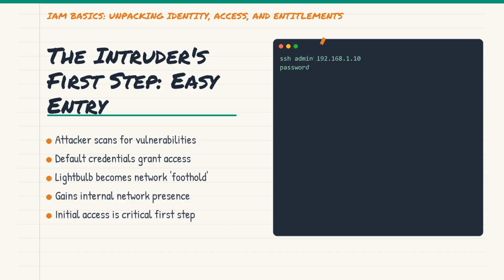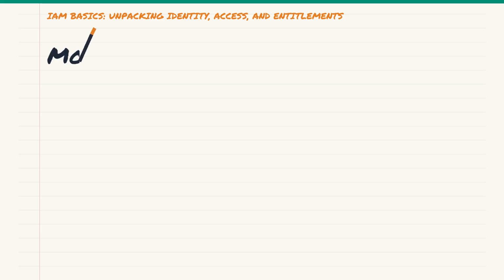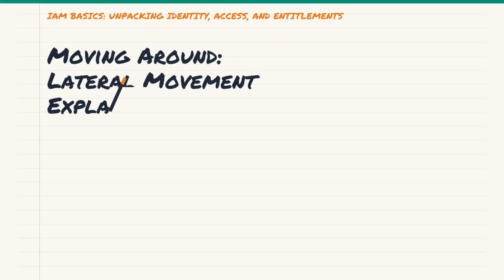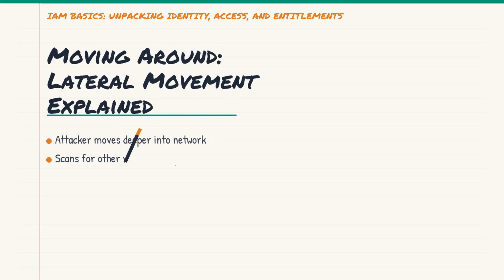But this is the crucial first step. The lightbulb, as a legitimate network device, now acts as a foothold. It has its own IP address and is connected to the company network, giving the attacker a presence inside. This initial access, however small, is priceless to an attacker. From the compromised lightbulb, the attacker starts what we call lateral movement.